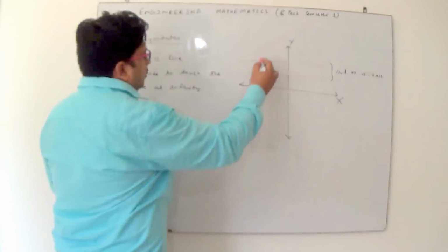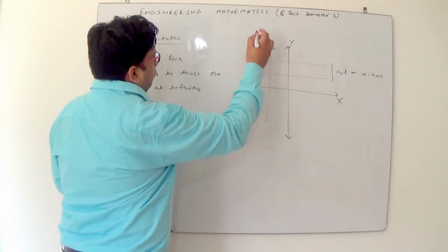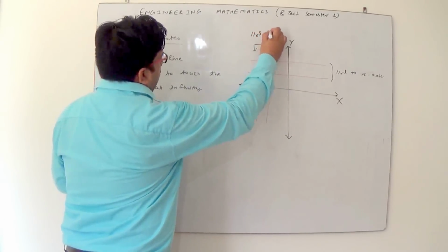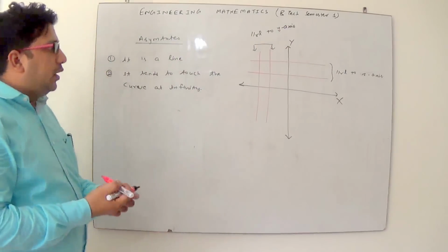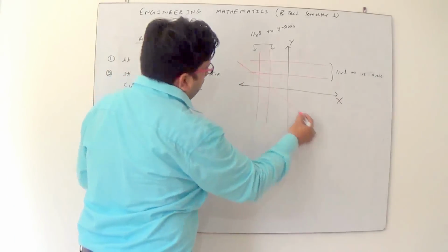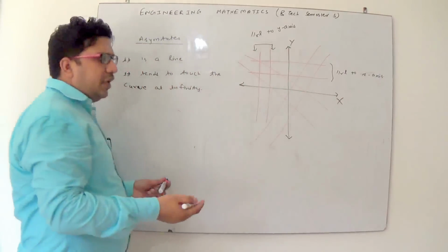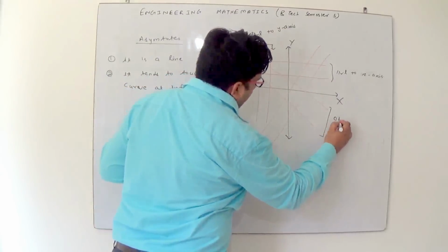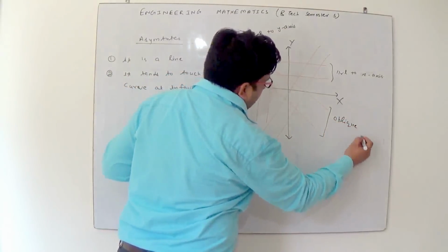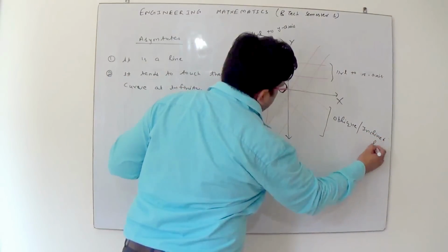I can draw lines parallel to x-axis. I can draw lines parallel to y-axis. And finally, I can draw oblique lines, you can also call them tilted lines. So these are oblique, inclined lines.